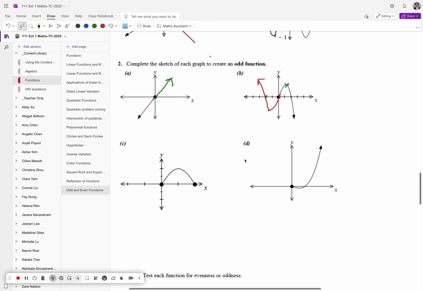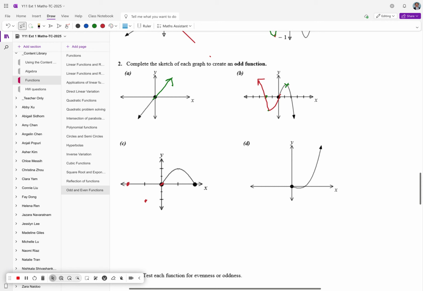So let's have a look at this one. If I'm reflecting in the y-axis first, I'm going to take this point and put it here. This point will stay where it is. This point over here will reflect there, but then I've got to reflect it down here. Just doing that again, this point will reflect across here, but then reflecting in the x-axis it stays where it is. Same with this point.